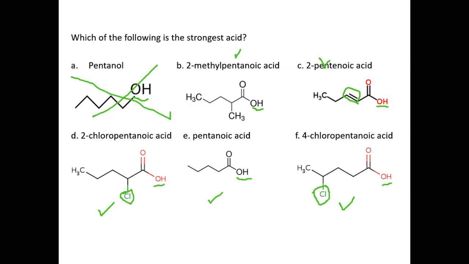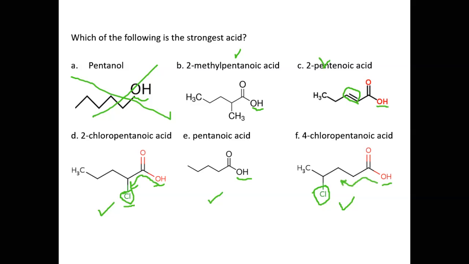So now if we look at C and compare it to D, E, and F, the double bond, yes, it can probably resonate out the double bond. You could have maybe a little bit more resonance in this structure. However, when you have an electron withdrawing group, it removes electron density away from the reaction center. And so those are going to have more of an impact.